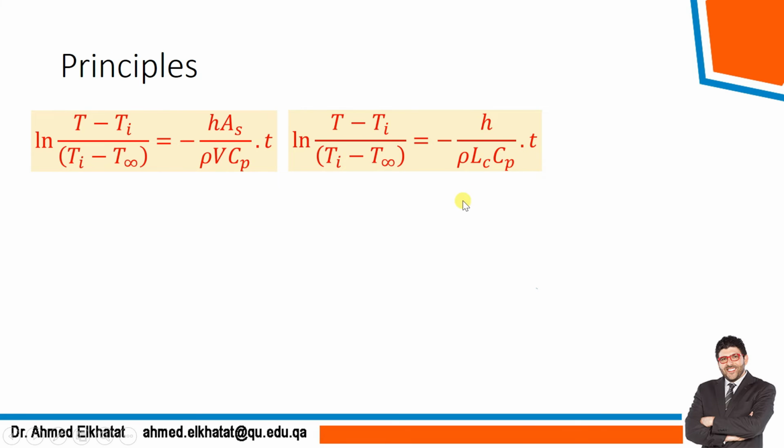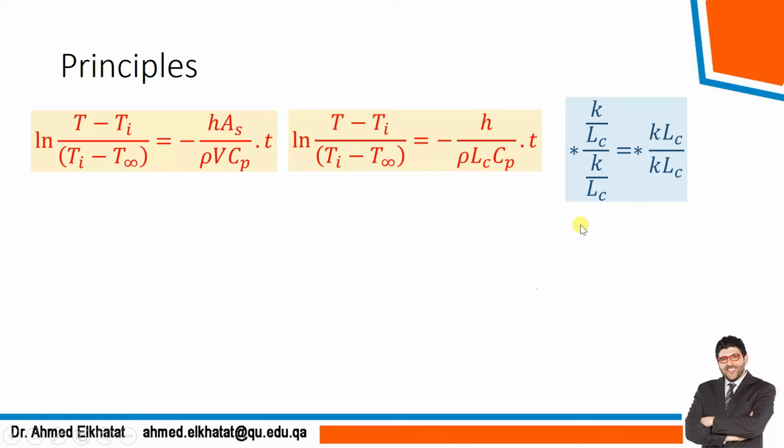So I rearranged it in terms of the characteristic length. Now I multiply this equation by one, so it will not affect the equation. I will multiply by k over Lc divided by k over Lc. So this will be 1, and if I multiply here, it will not affect the equation.